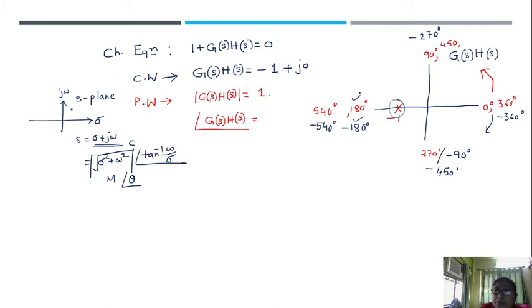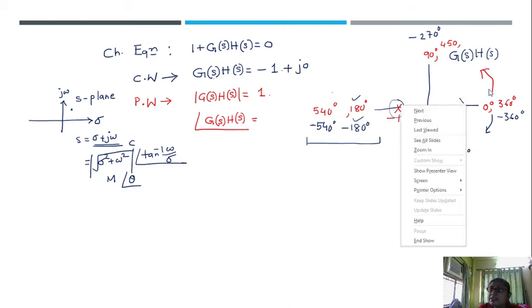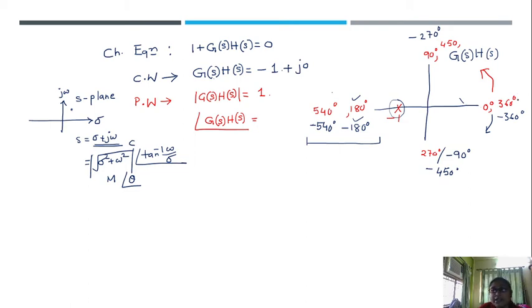So this axis is actually plus or minus of the same numbers: 180, 540. Now if I want to write it in a general way, how can I write these axes? This is the 0 degree axis, the 360 degree axis, plus as well as minus.